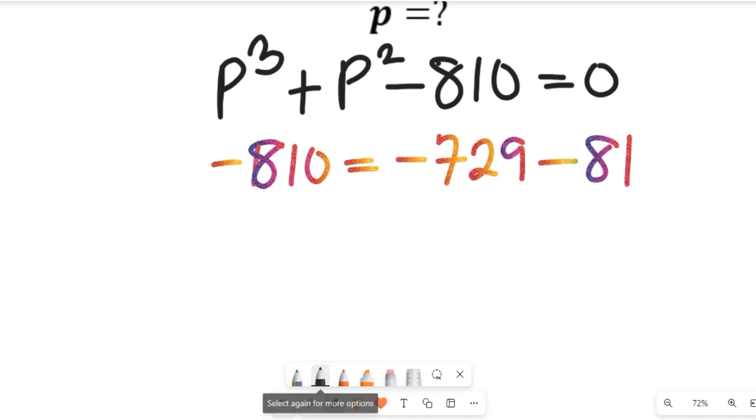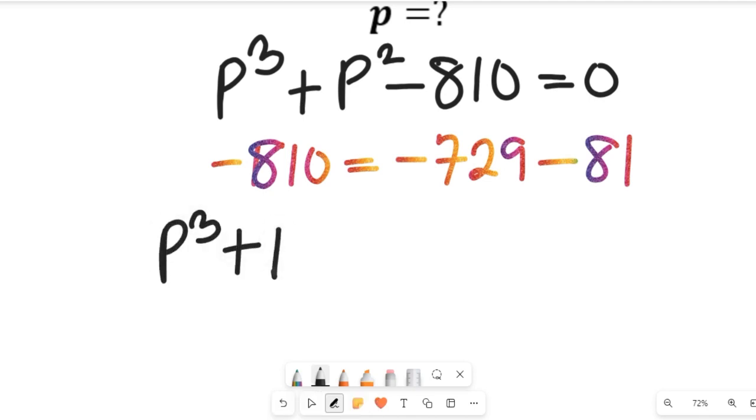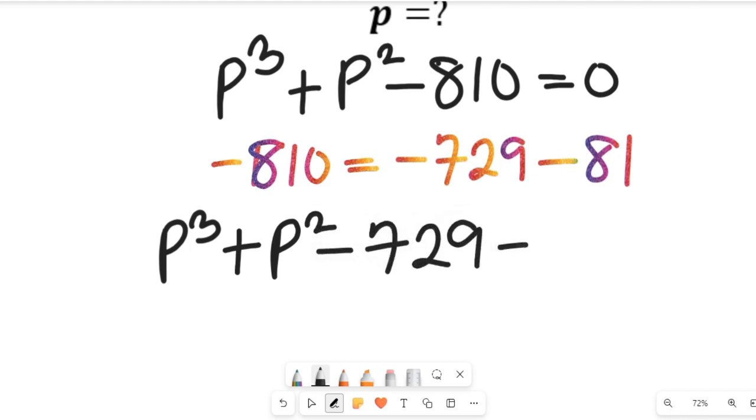Having done this, all we simply need to do is to replace the value of 810 in that polynomial equation with minus 729 minus 81. So we'll have p to the power of 3 plus p to the power of 2 minus 729 minus 81, and this will be equal to 0.